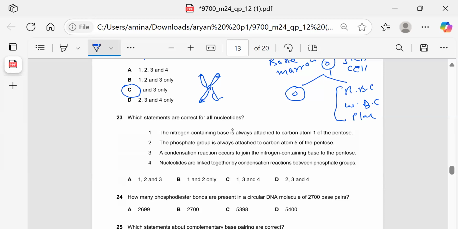So if I make, for example, a DNA molecule, this is your ribose sugar or deoxyribose sugar, or if I talk about ATP, again, this is ribose sugar. I can see it is attached to carbon number 1. So this is correct. Yes. Okay. The second is, the phosphate group is always attached to carbon atom 5 of the pentose sugar.